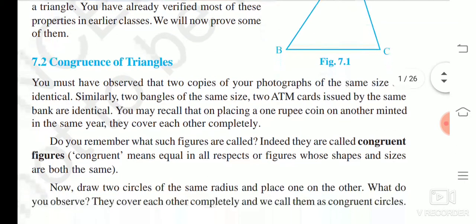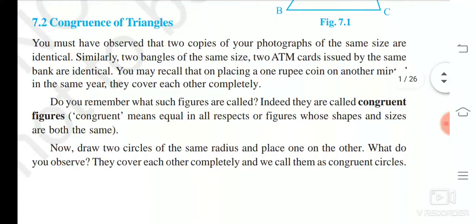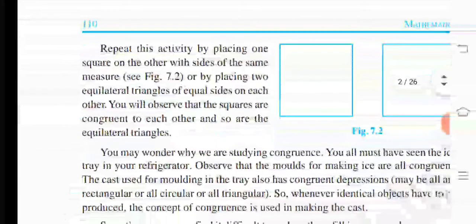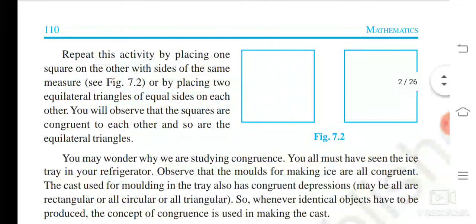The congruence of triangles has a different meaning, and we are going to compare two triangles. For that, consider two squares, each of the same size, and consider the vertices, the angles, and also the length of the sides.